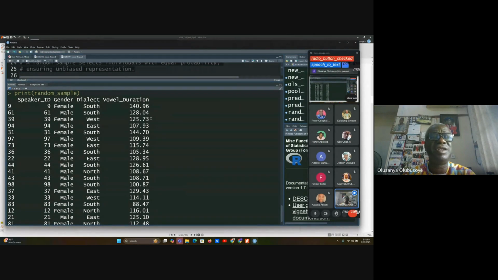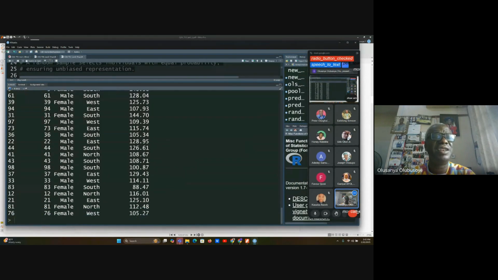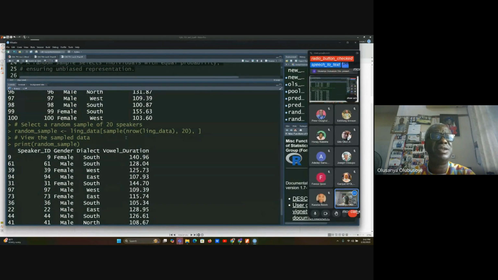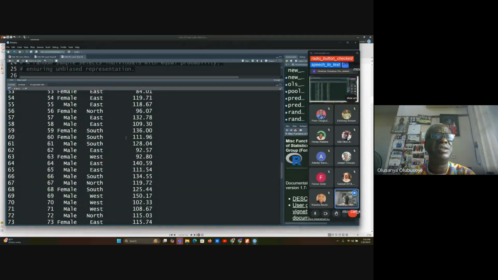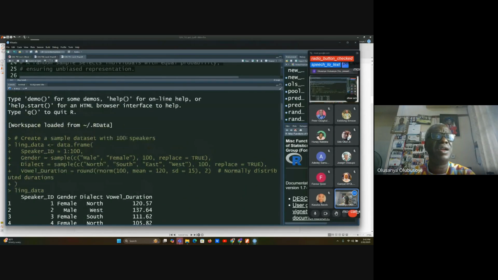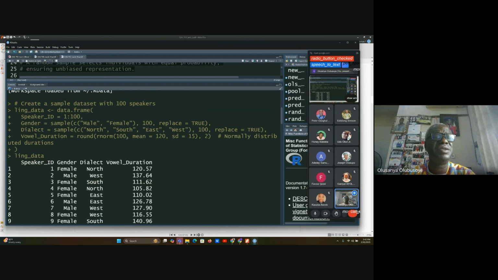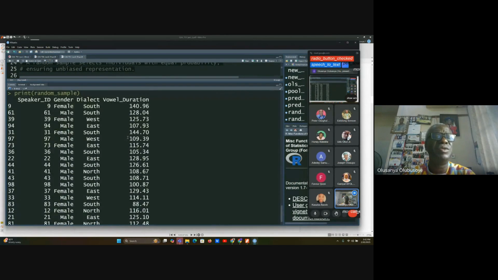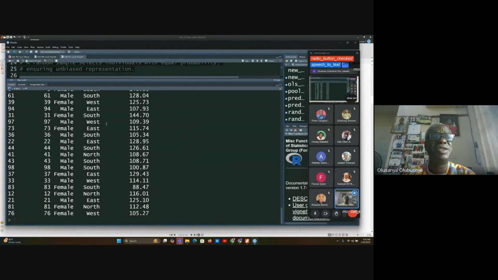Number 39 is selected. Number 94 is selected. And their demographic or dialect details are included, their gender, their dialect, their vowel duration. So this is how to implement the random sample.